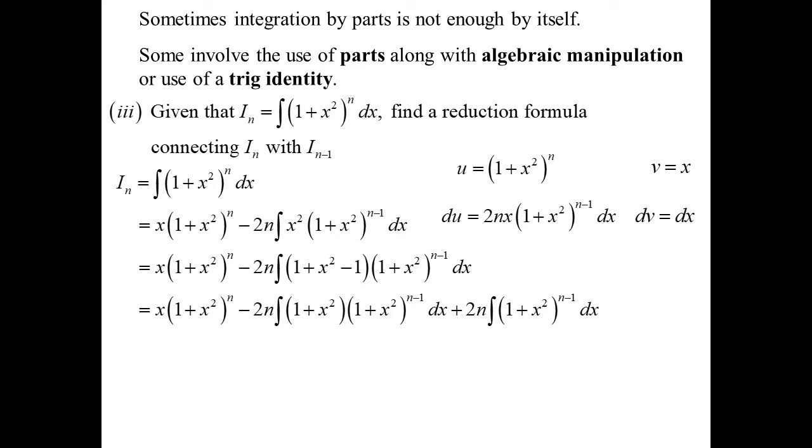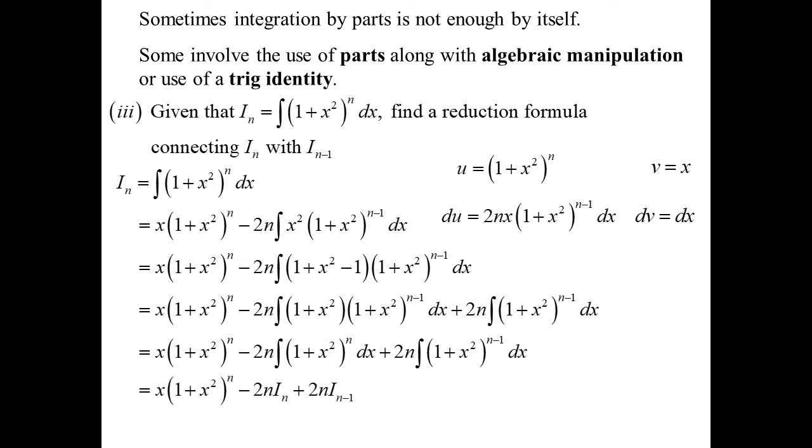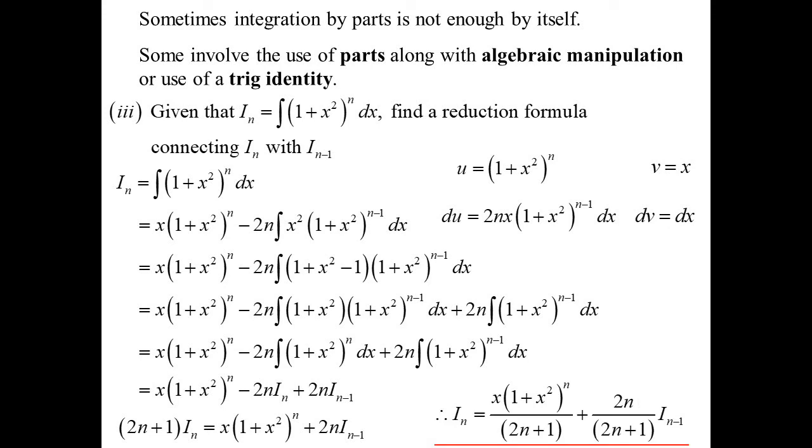But what that now does, in the middle, that becomes 1 plus x squared to the power of n. And so these two integrals can now be rewritten. The middle one is I n, and the end one is I n minus 1. I'm trying to create a formula for I n, so I'll move the 2n I n to the left-hand side, and now divide by 2n plus 1, and I come up with a formula.